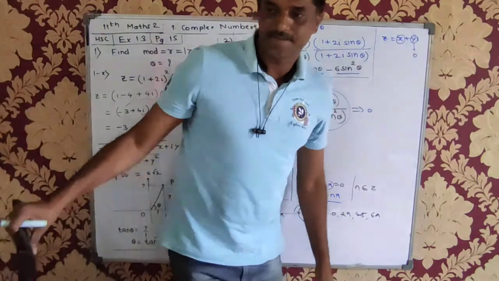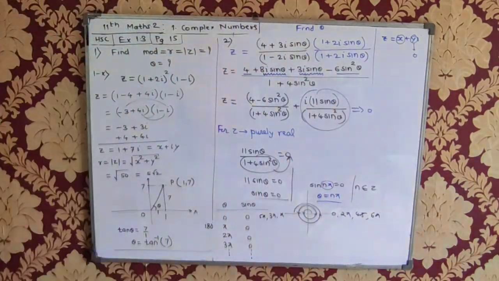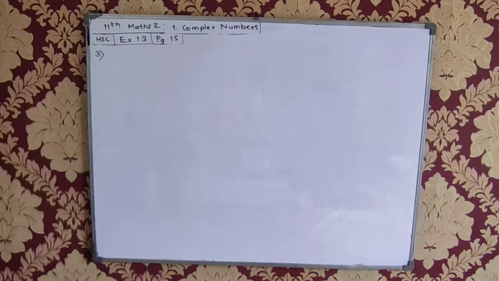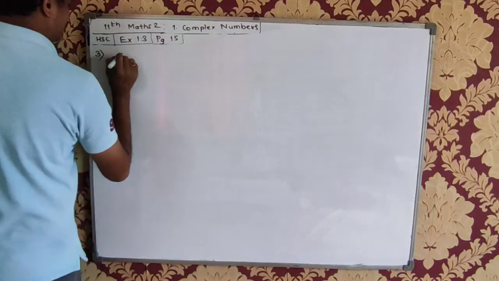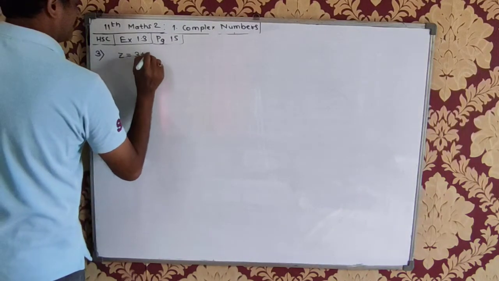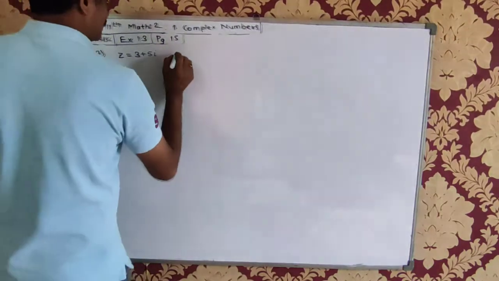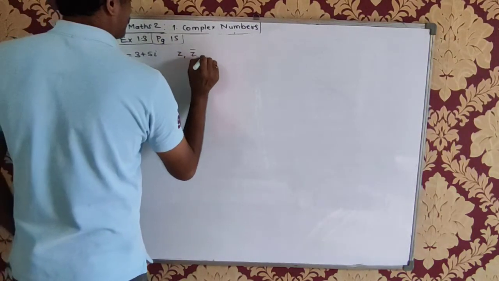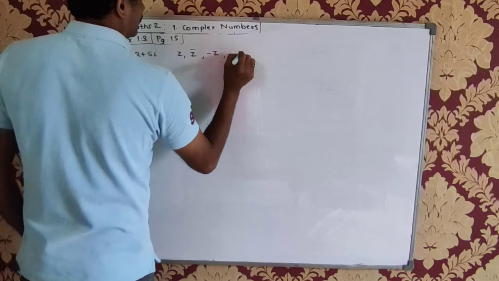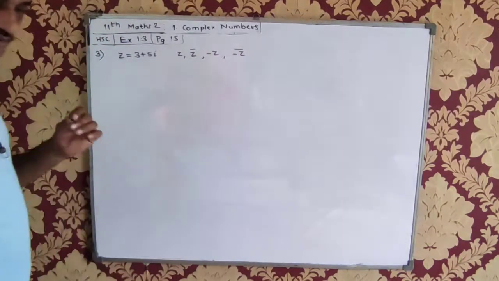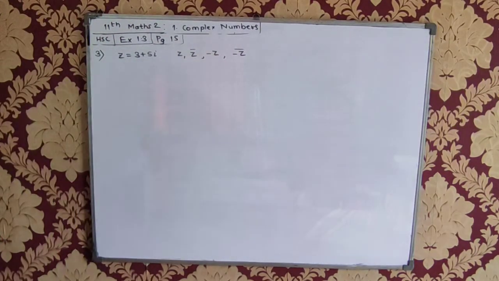Next, take the screenshot please. Question number 3. If z is equal to 3 plus 5i, represent z, z bar, minus z and minus z bar on the Argand diagram.